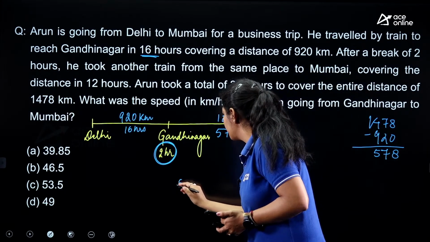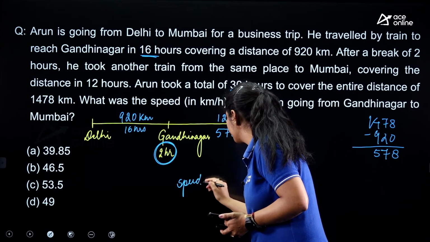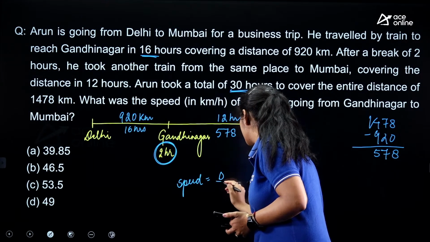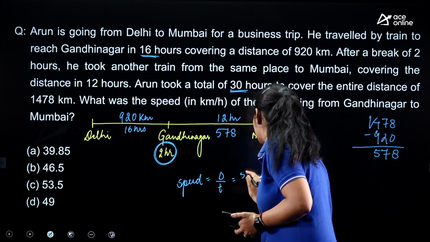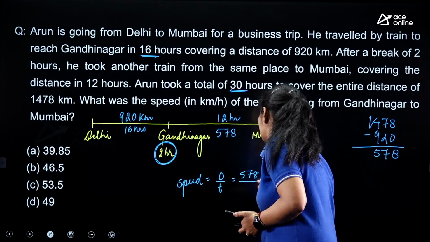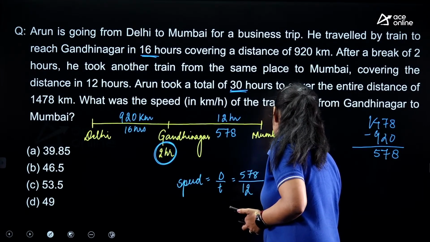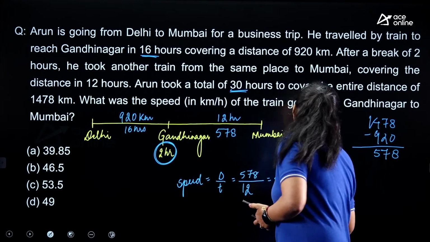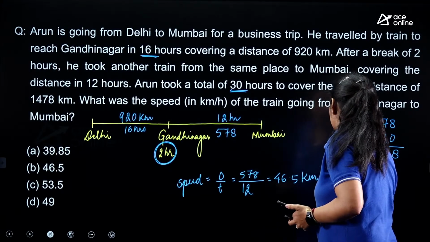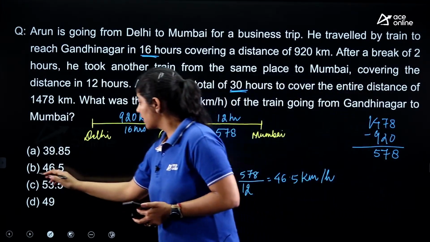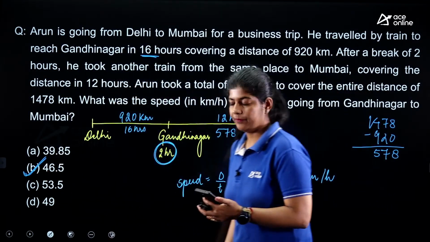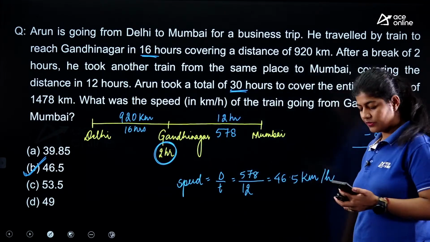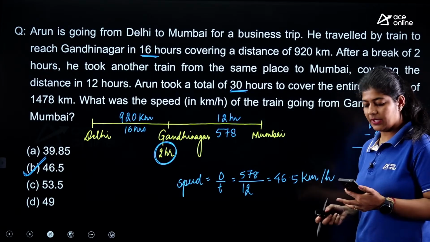So the speed is distance upon time, 578 divided by 12, and I got around 46.5 kilometers per hour. Option number B is the correct one. The correct answer is 46.5 kilometers per hour.